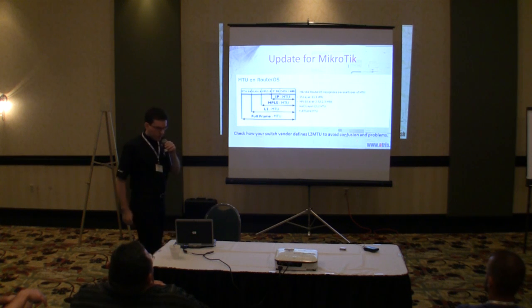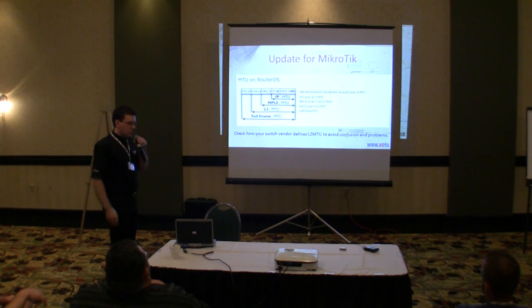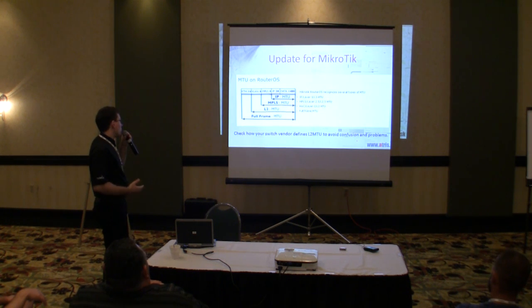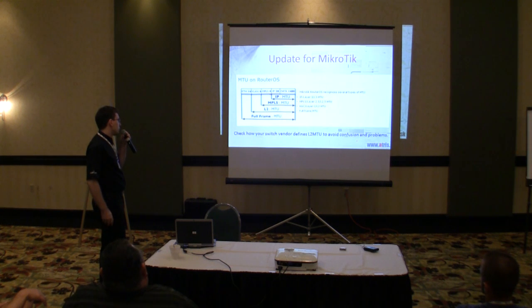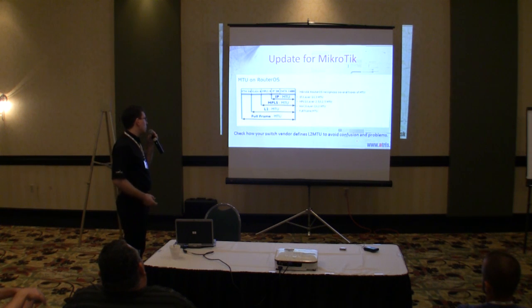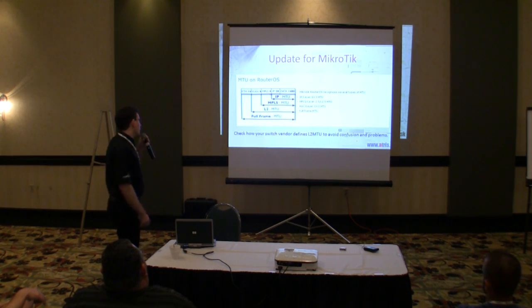So a small update for MikroTik. For MikroTik, this is a page right out of the wiki. You can look it up. This is what different types of MTU MikroTik recognizes and how they are calculated. If you notice, MikroTik doesn't include the Ethernet header in the L2 MTU calculation. And this is another thing.